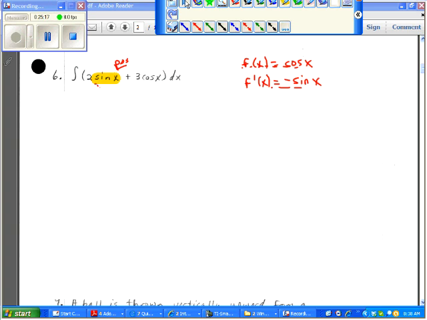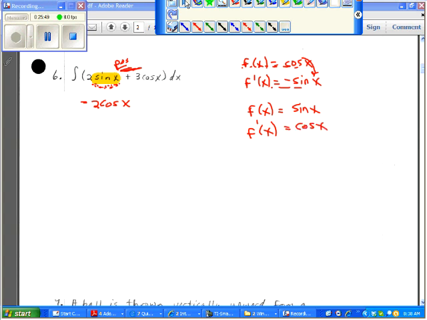So what would the derivative of the first part be then? The integral of the first part be? Good. It needed to have come from a cosine, but because there's a sign change when you take the derivative of cosine, if I need it to end up positive, then I needed it negative to start with. Good. Now, if I have an original function that's sine x, what is the derivative of sine x?